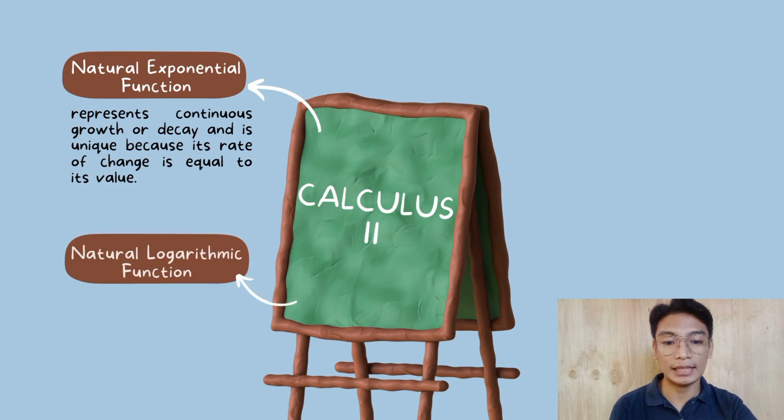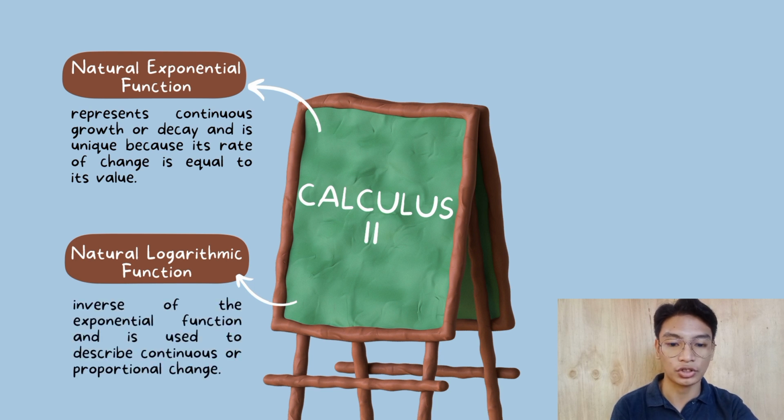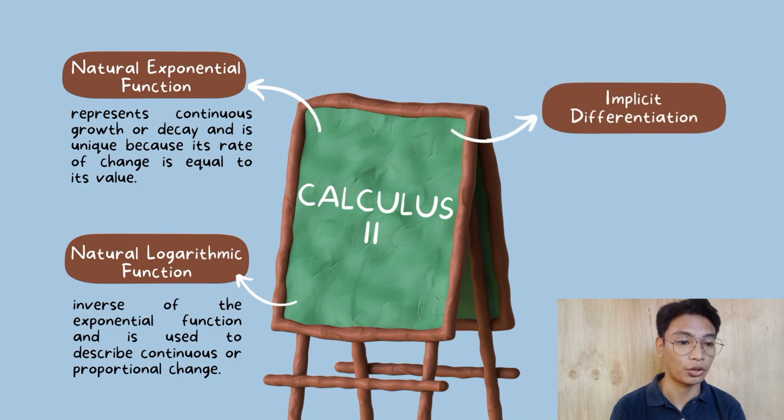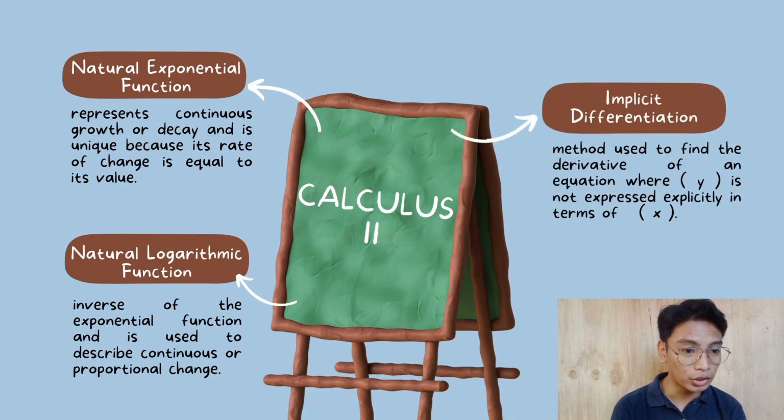Second is the natural logarithmic function, which is the inverse of the exponential function and is used to describe continuous and proportional changes. And lastly, implicit differentiation, the method used to find the derivative of an equation where y is not expressed explicitly in terms of x.